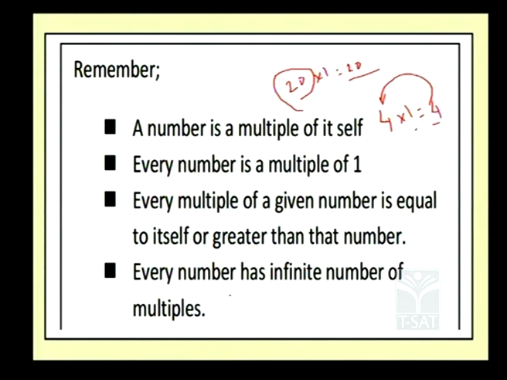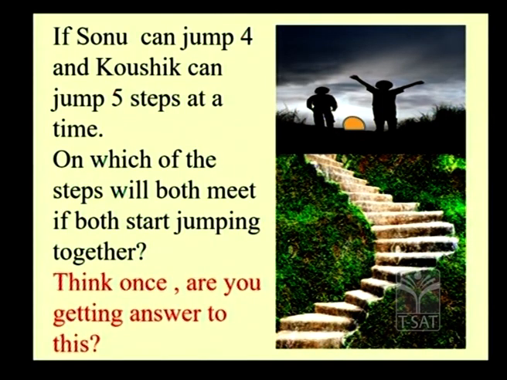Every number has an infinite number of multiples. We can write 4 into 1 is equal to 4, 4 into 2 is equal to 8, 4 into 3 is equal to 12, and 4 into 4 is equal to 16. Like that, we can write infinite multiples for 4, or for every number.